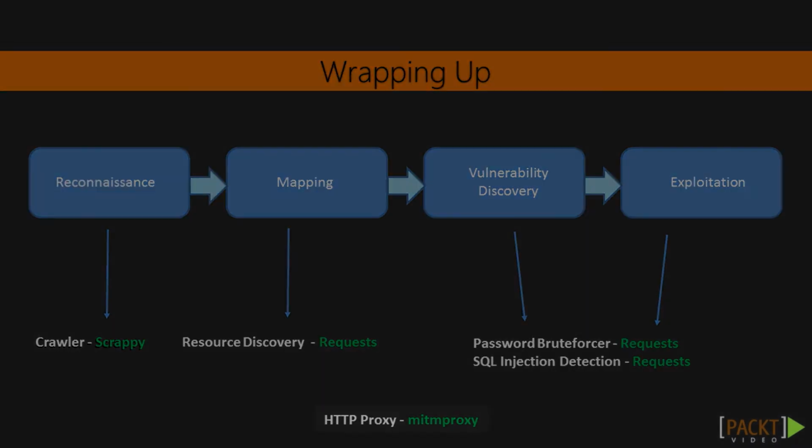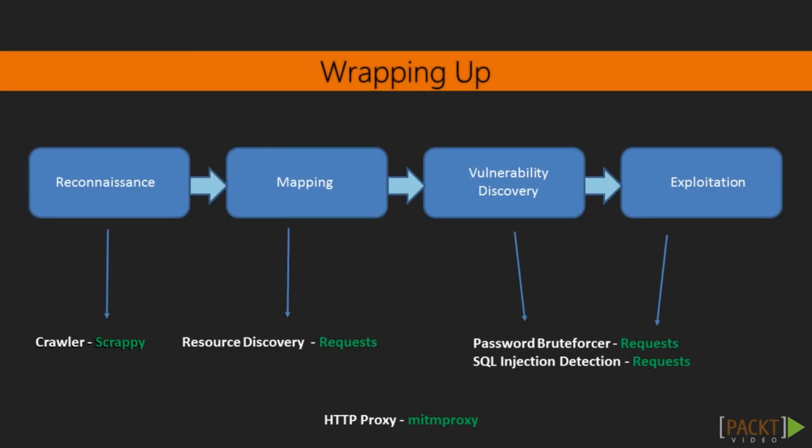Finally, we learnt about HTTP proxies, and we created one HTTP proxy that lets us monitor and manipulate all HTTP requests and responses. And we also added the SQL injection detection capability to the proxy to check for this issue in all URLs that have a parameter in it.